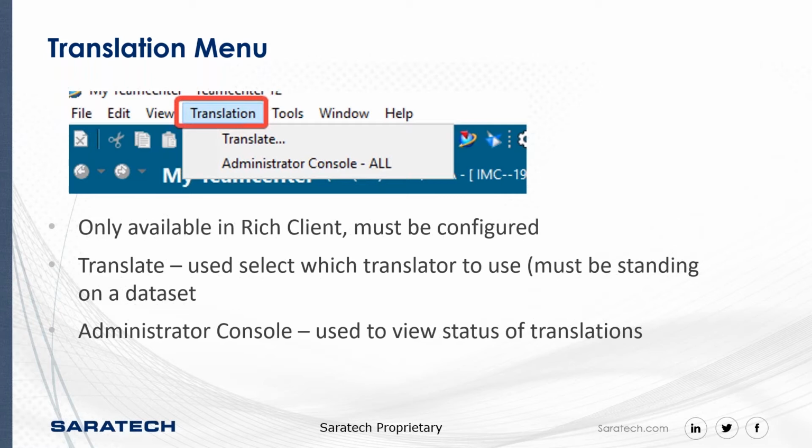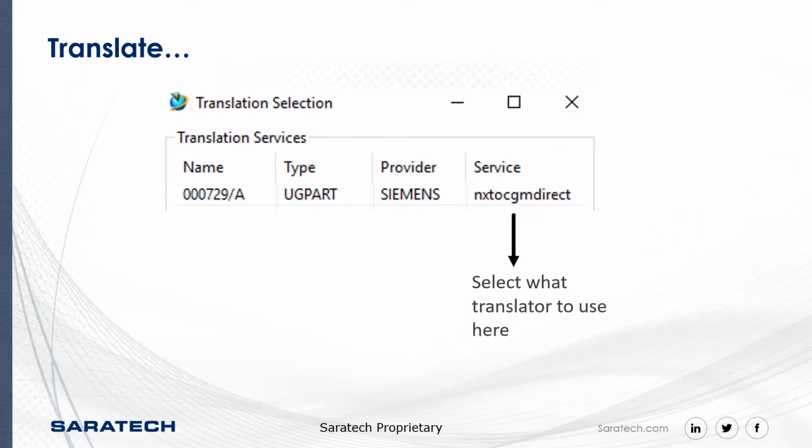So what's going to happen when we go ahead and stand on that data set and click Translate to fire that off? Well, our translation selection dialog box will appear. And we can use our control keys in order to select multiple data sets to put into this. So you may have multiple data set options.